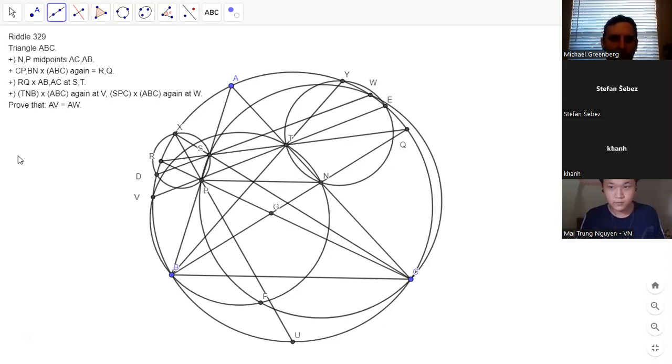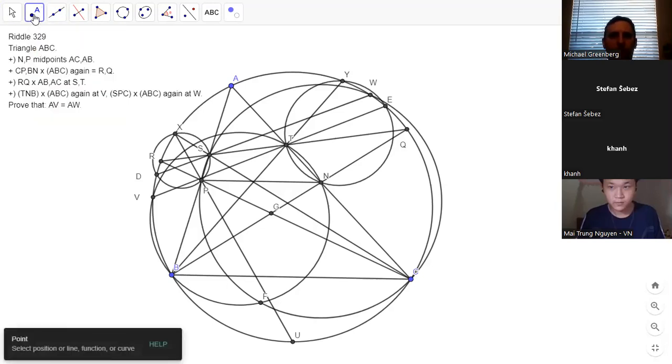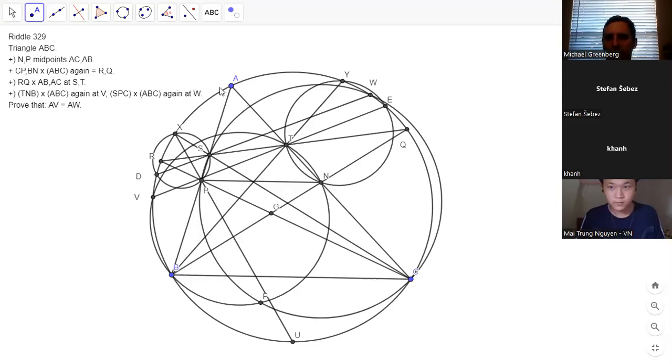So DSP is DXP. It's BU plus half B. So BU and AW. So AB is parallel to WU. Okay, that makes sense. All right.